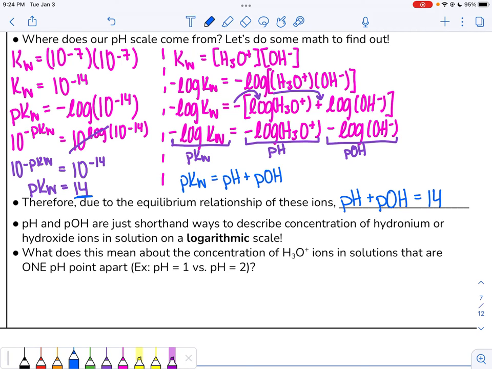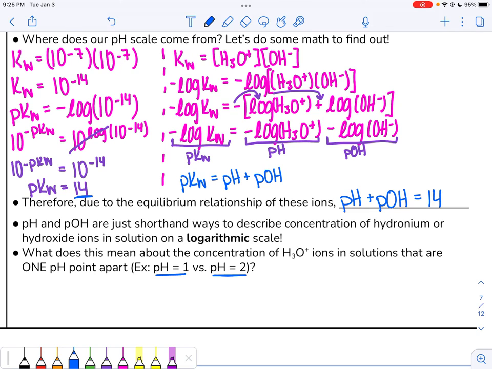So pH and pOH are really just shorthand ways to describe the concentration of hydronium or hydroxide in solutions on this logarithmic scale. Logarithmic scales are incredibly important, but they don't just mean that if I'm going from a 0 to a 14, everything's like 1 point away from each other. If you have a concentration of hydronium ions in solution at pH 1 versus a concentration of hydronium ions shown as pH equals 2, what does that actually mean about their concentrations?